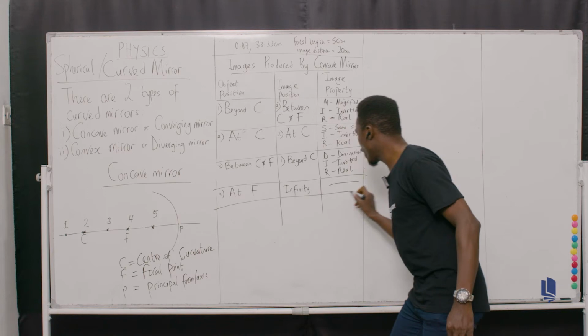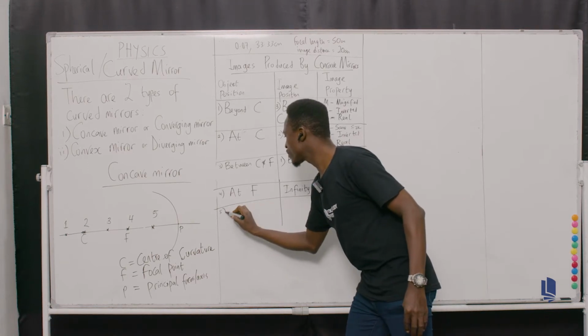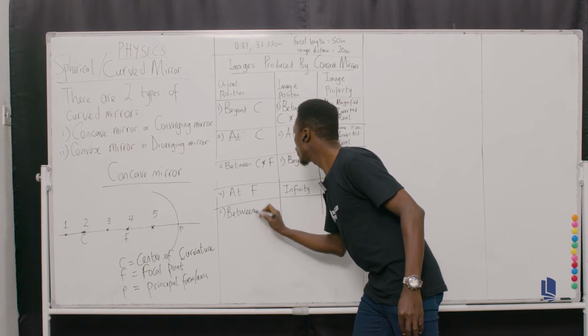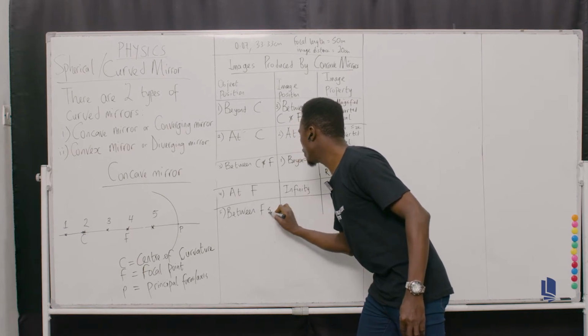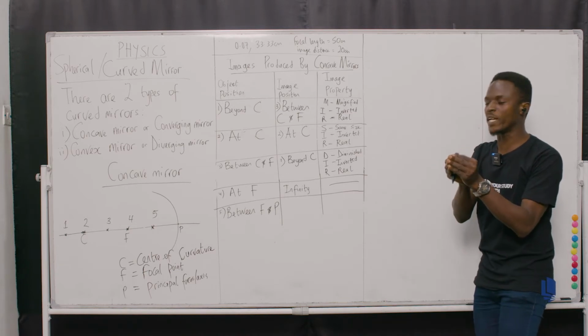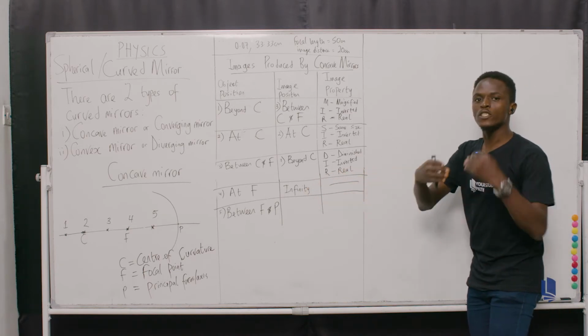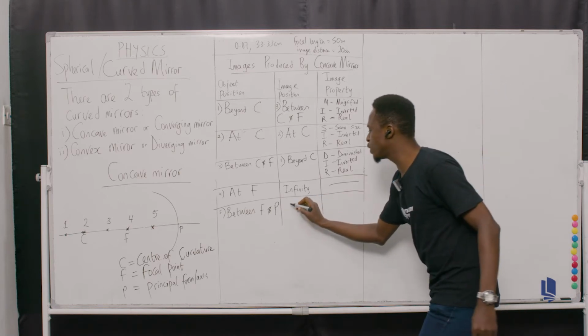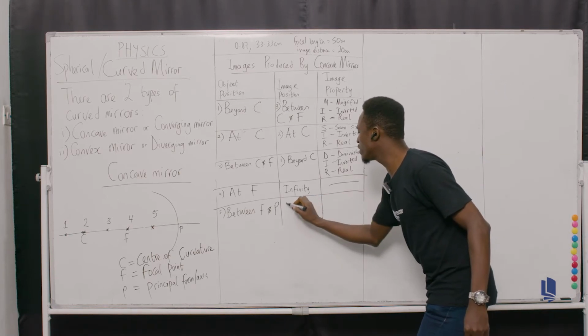Then the final one, number 5. Between F and P. When you position your object between your focal point and the principal focus, where is the image produced? Behind the mirror.